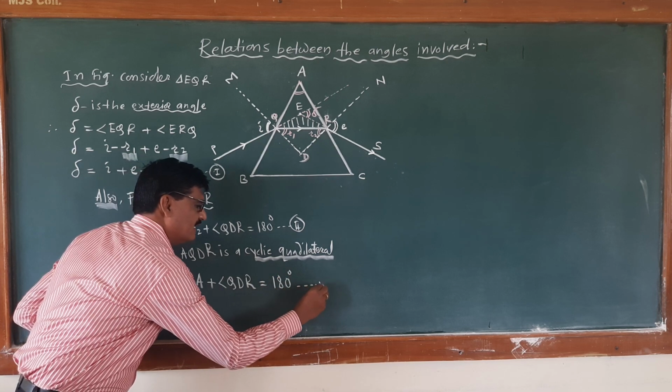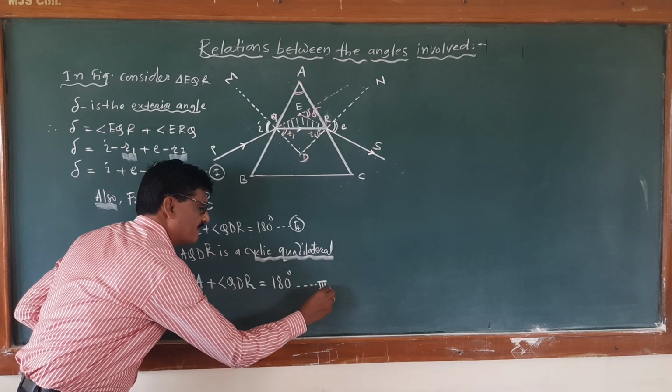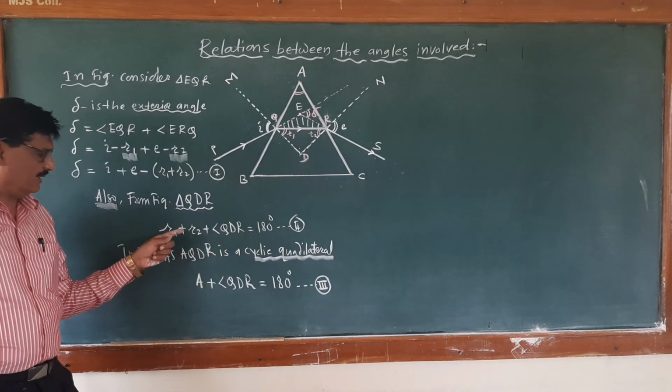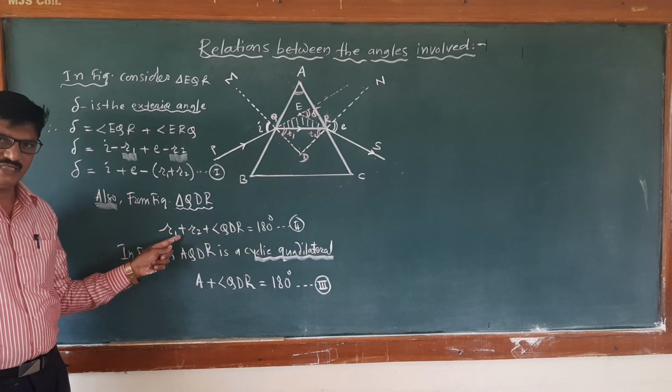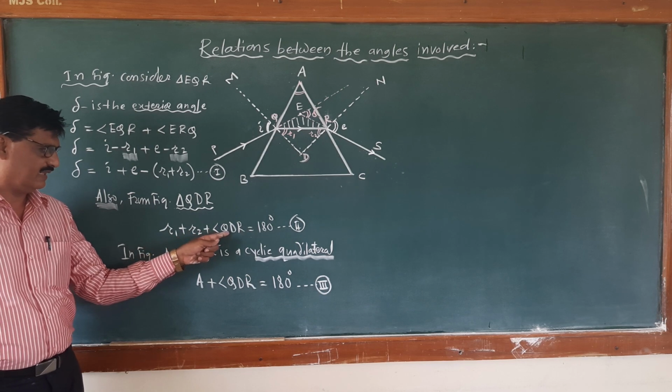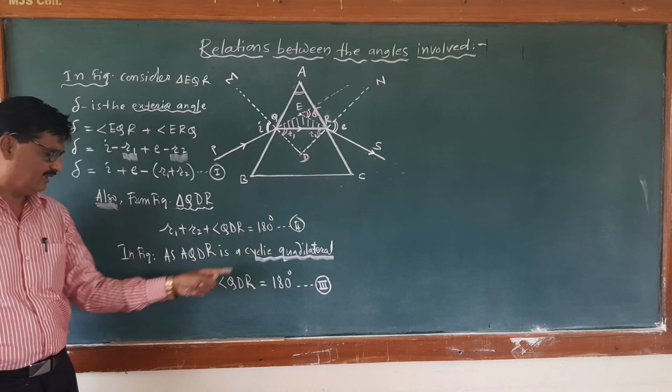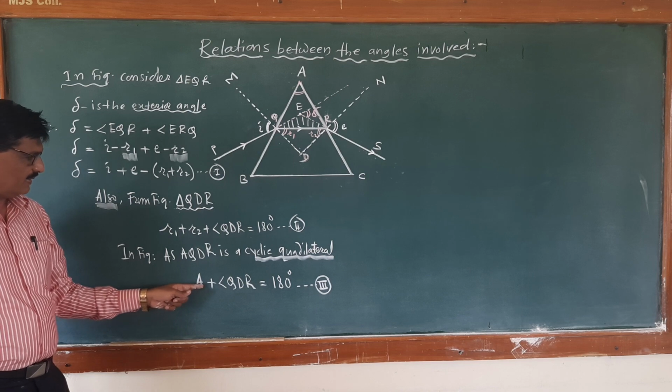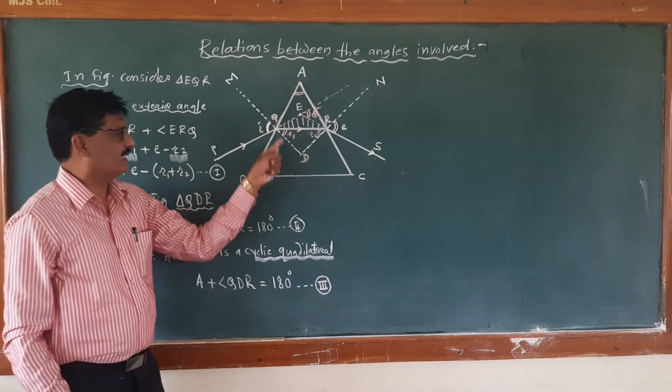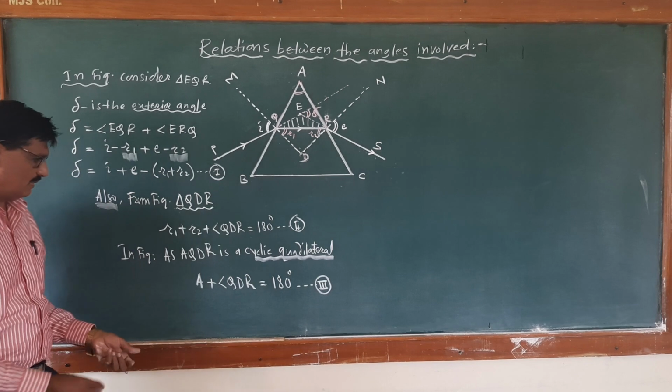Suppose I call this equation number 3. Equation second: R1 plus R2 plus angle QDR is equal to 180 degrees, and A plus angle QDR is equal to 180 degrees.